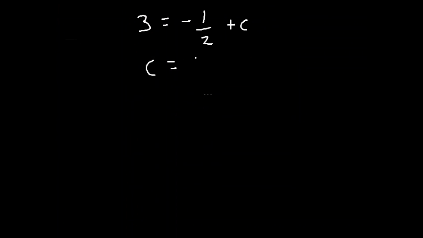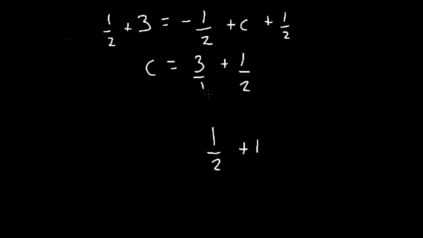That means c is equal to 3, add 1/2 to both sides, and what does it equal? Now we're getting into fraction land. If they don't have the same denominator, you can't add them up. What is 3 plus 1/2? You'd say 3.5, right? So how do you get that?